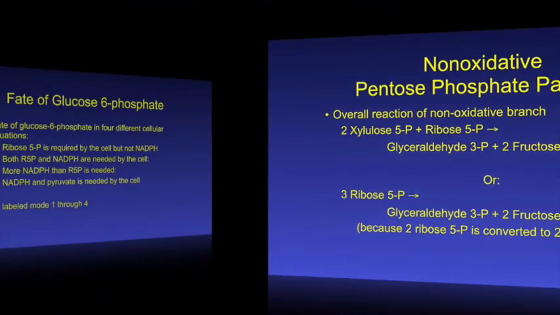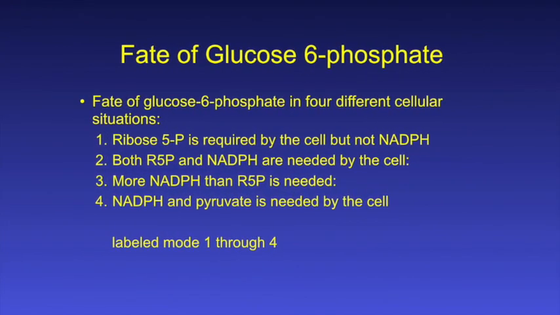All right. Now, the fates are interconnected. Okay? Depends upon what the body needs. Since I am integrating the pentose phosphate pathway this way, so I've got the pentose phosphate pathway, let's say glucose. NADPH is made, and ribose 5-phosphate is made, right?